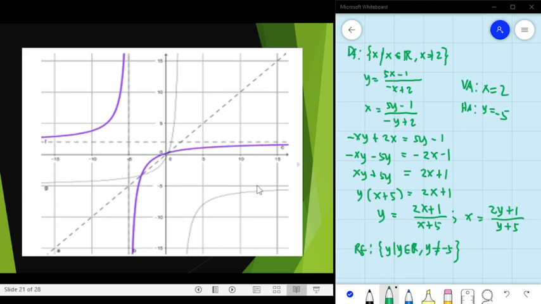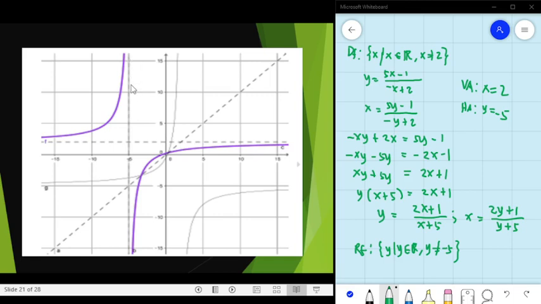The horizontal asymptote of the original, y equals negative 5, becomes the vertical asymptote of the inverse, x equals negative 5.